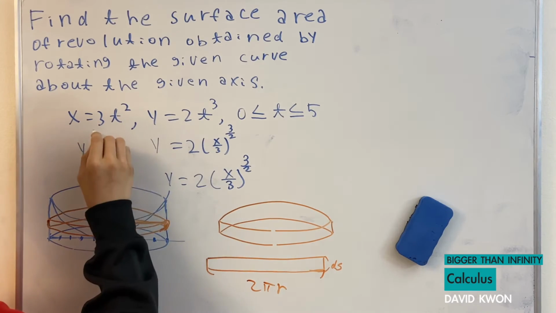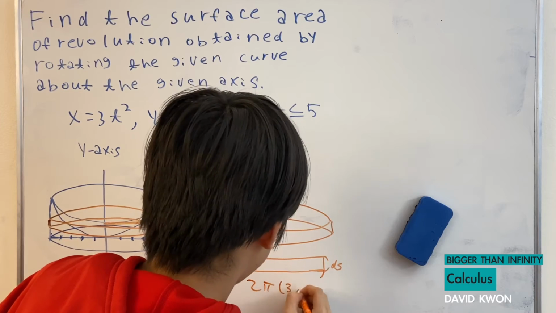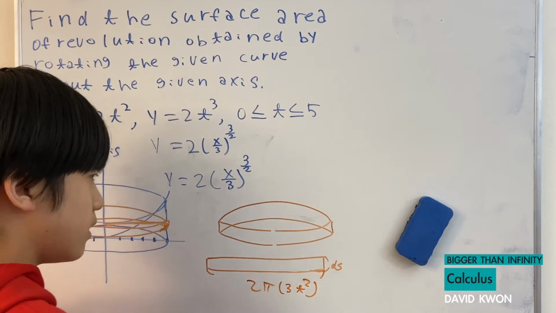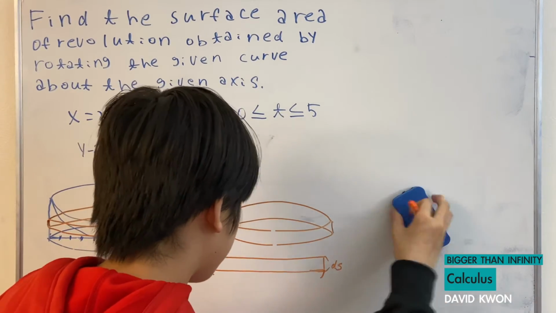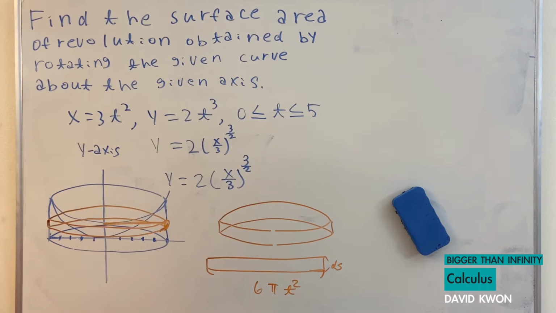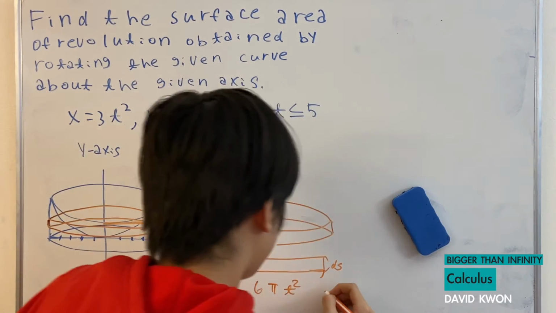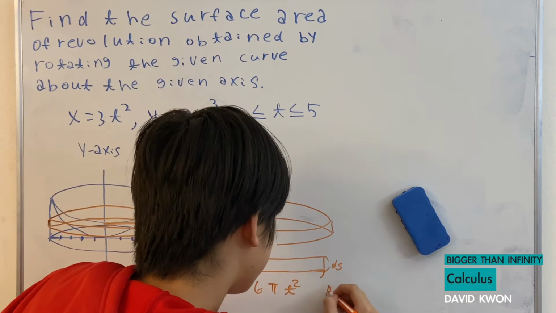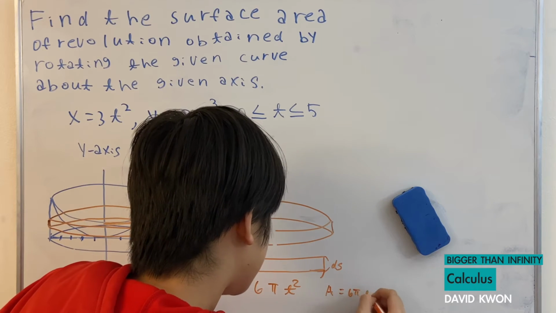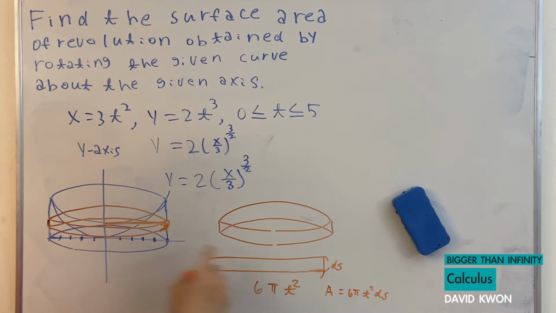But x is 3 times t squared. So I will change that into 3 times t squared, and I will also change it to 6 pi t squared. When I multiply them together, I get the area of this, which is 6 pi t squared ds, that is the surface area of this rubber band.